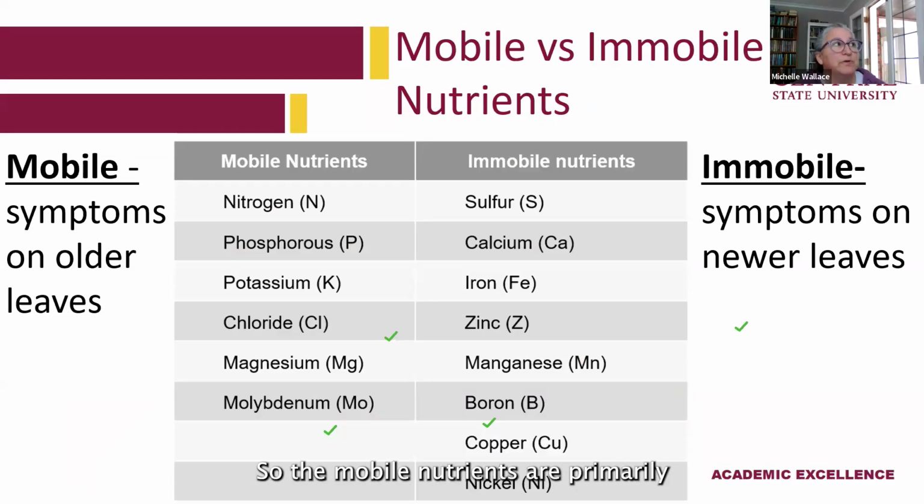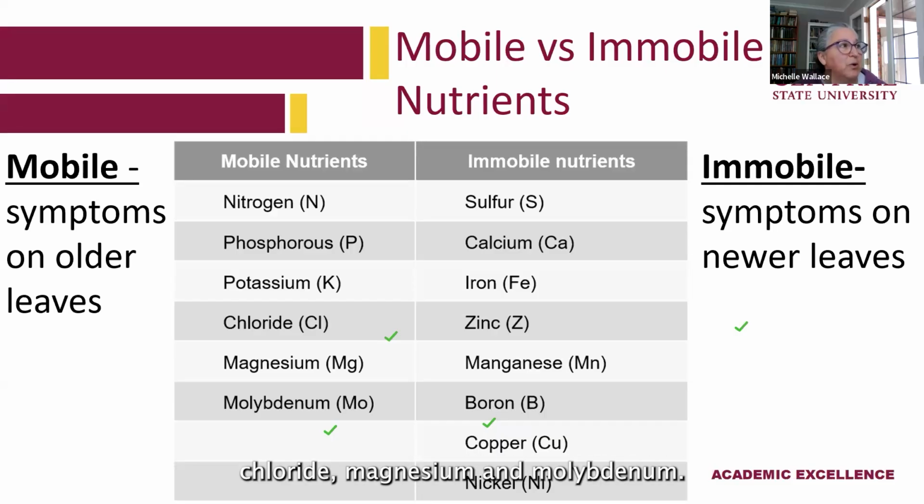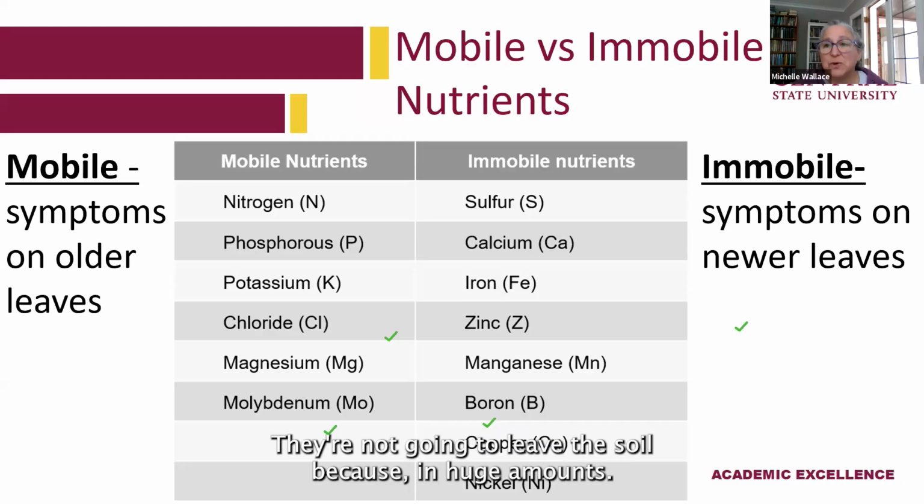So the mobile nutrients are primarily the macronutrients. We've got nitrogen, phosphorus, potassium, chloride, magnesium, and molybdenum. I hope I pronounced that right. I'm not a chemist. Then we've got the immobile nutrients. Those are the ones that are going to be in the soil. They're not going to leave the soil.